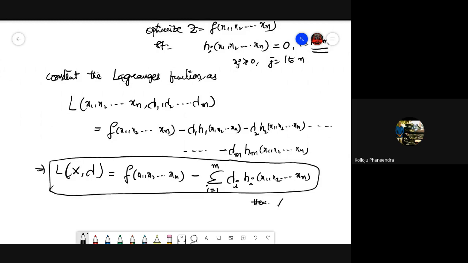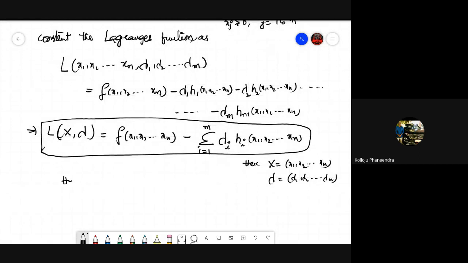Here capital X stands for n variables, and lambda stands for m Lagrange's multipliers. Here lambda 1, lambda 2, lambda m are Lagrange's multipliers. Any doubts? This is the construction of the Lagrange's function with m equality constraints.